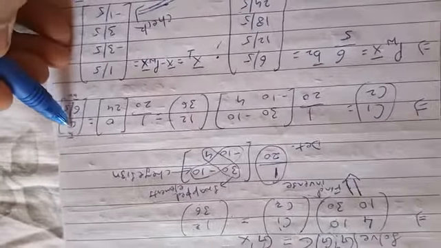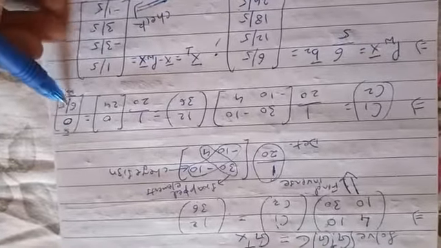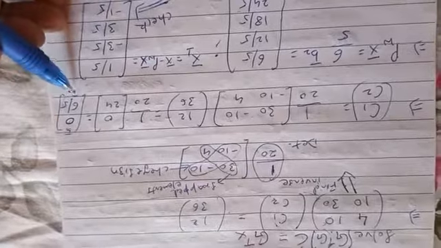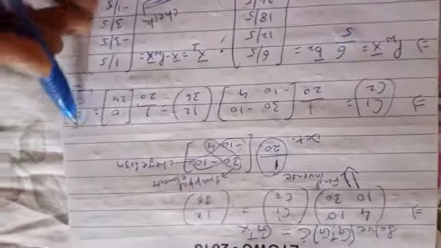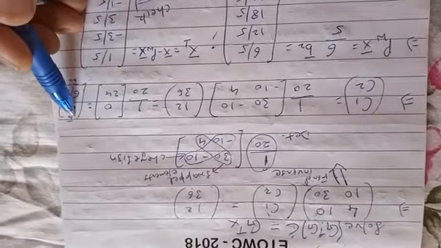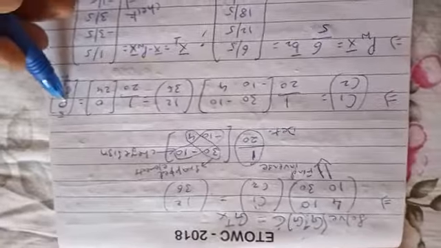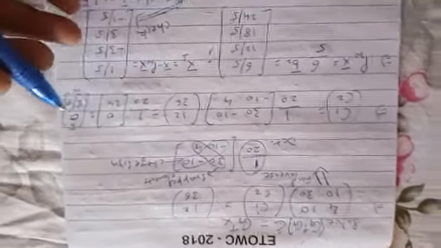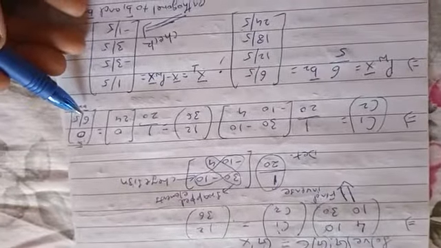So this 0 represents B1 bar, basis 1, and this 6 by 5 represents B2 bar. That means C1 and C2 are nothing but the multiplying factors for basis B1 and basis B2. Since the multiplying factor C1 is 0, we do nothing to basis B1, whereas basis B2 gets multiplied with 6 by 5.